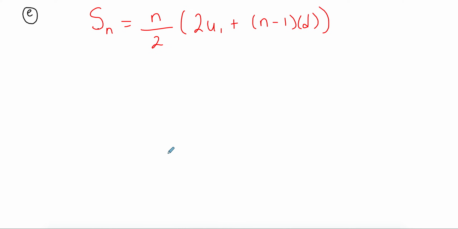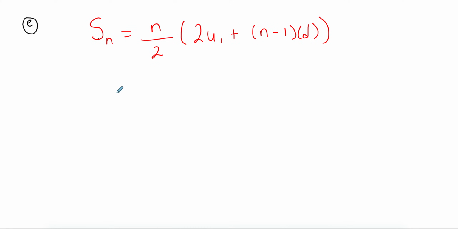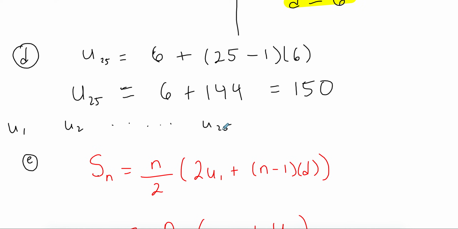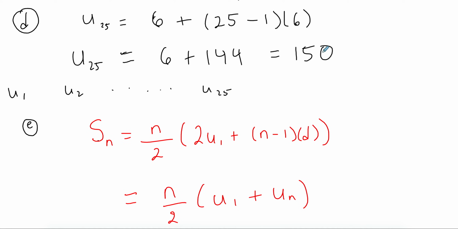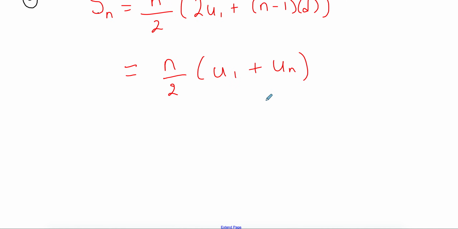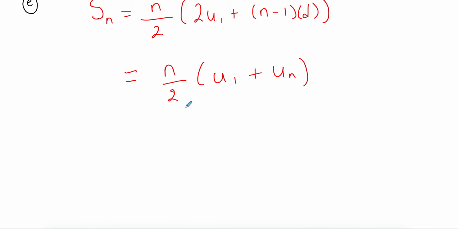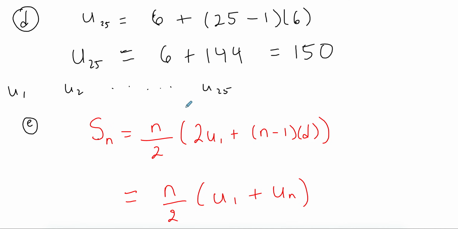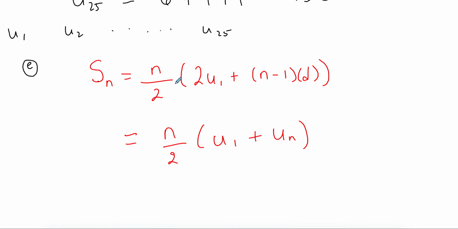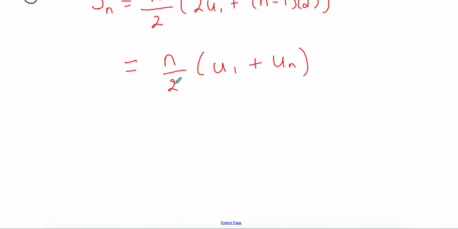And then you have the other form, which comes from here, so they're exactly the same: n over 2, U1 plus Un. Which means that if you know the last term you're meant to be adding, in this case it's U25, which we found to be 150, then you can just plug it in here and it's much easier to use. So in our case, it's much easier to use the second formula than the first formula. I'm going to start with the second one and then use the first to check my answer.